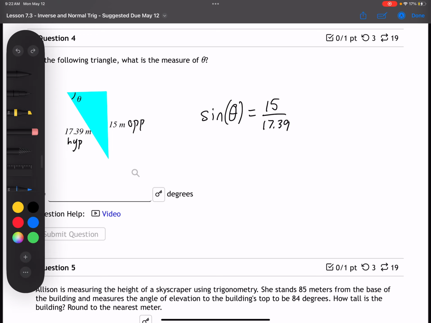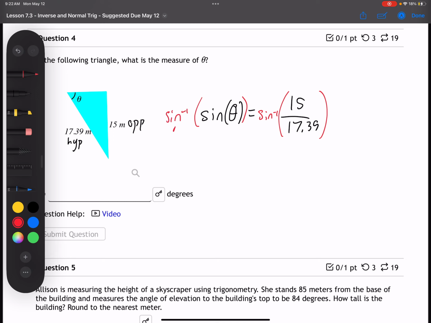I'm going to give us a little bit more space. So 15 over 17.39. And in red here, I'm going to do the inverse sine, which is written like this, sine with a little -1 on it. And what I do to one side, I have to do to the other. So I inverse sine this.